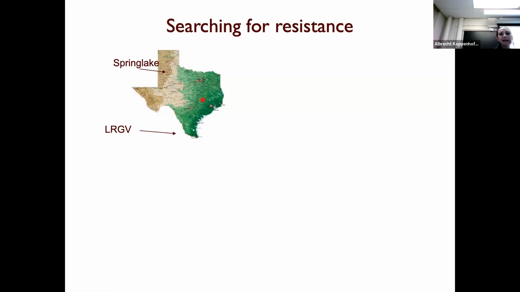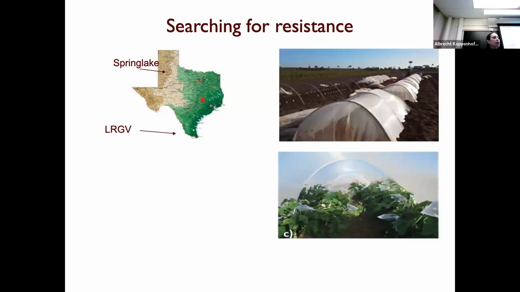And the way we do that is we go to the growers' fields and we plant our plants inside these tents. And when the plants grow, we infest each plant individually with our psyllids, and we only allow them 1 week to feed, and then we come and collect all these bags.